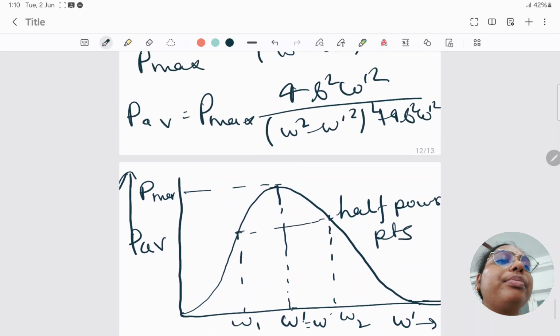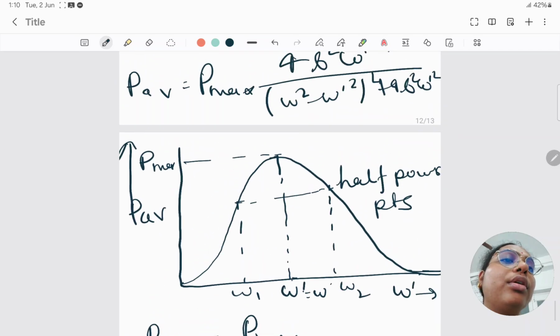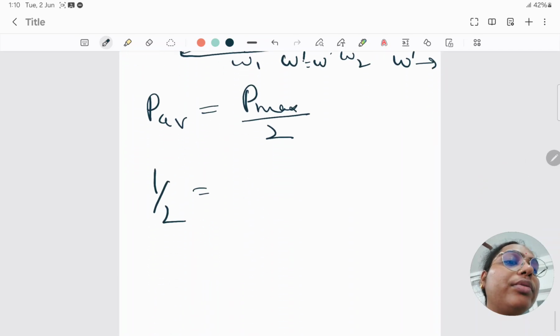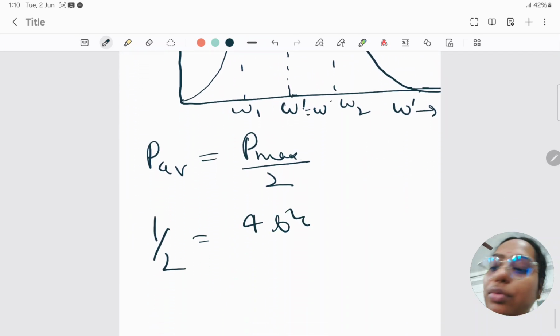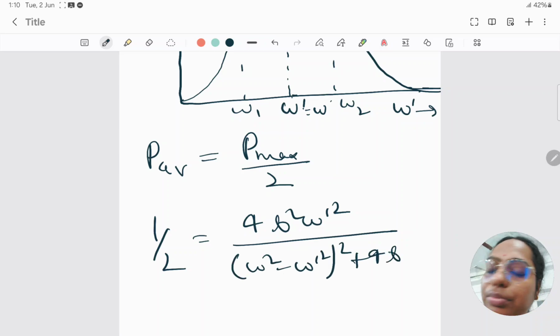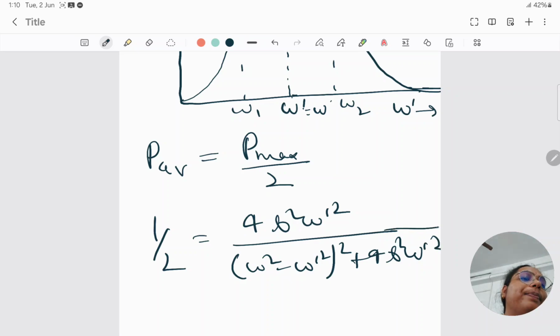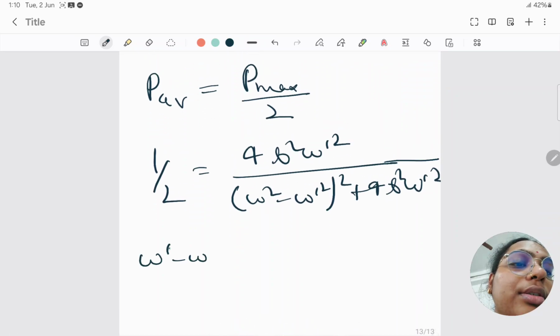Okay, so put it here. So what you will get: half is equal to 4b square omega dash square divided by omega square minus omega dash square whole square plus 4b square omega dash square. Okay, so now solve it.